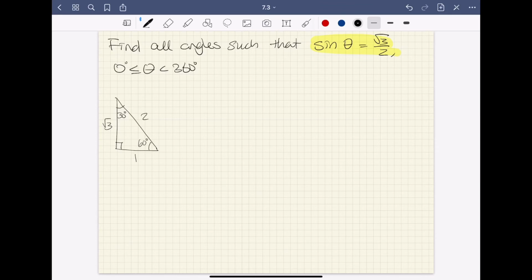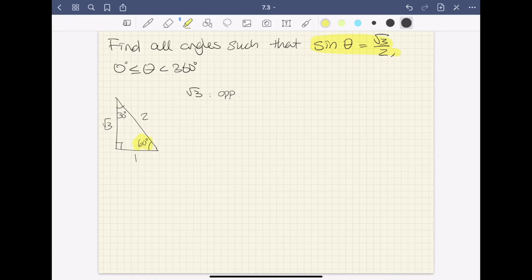Okay. Now, which angle will have a sine ratio of root 3 over 2? We know that root 3 is the opposite. Which angle has an opposite of root 3? This one, right? 60 degrees has the opposite of root 3.